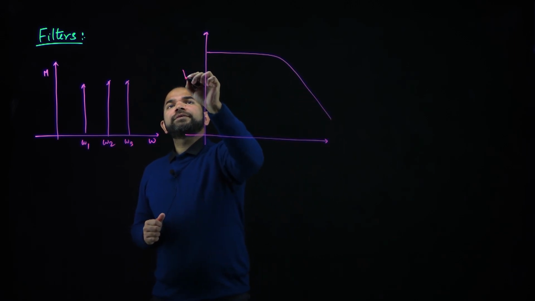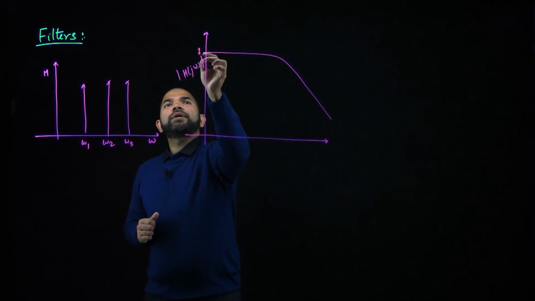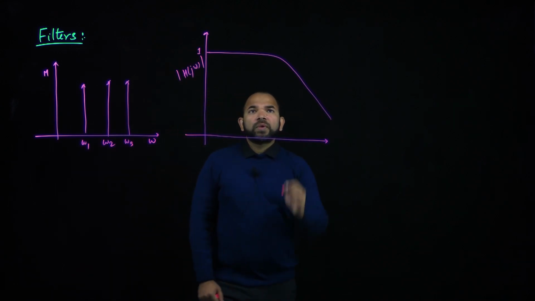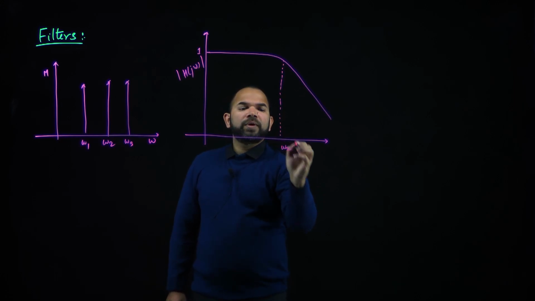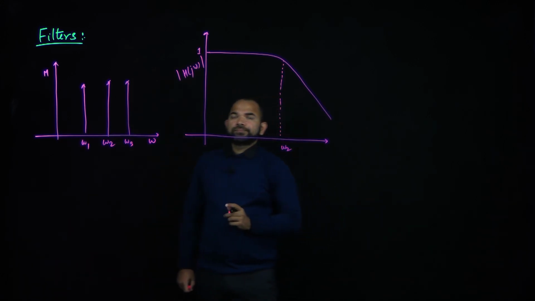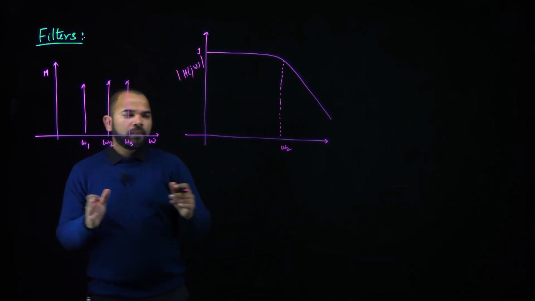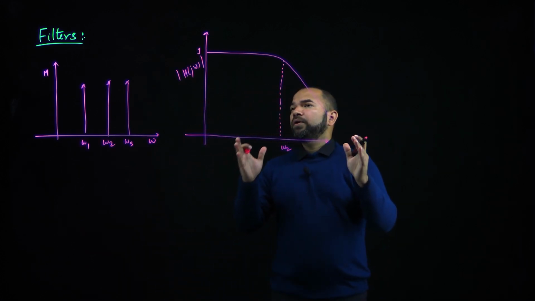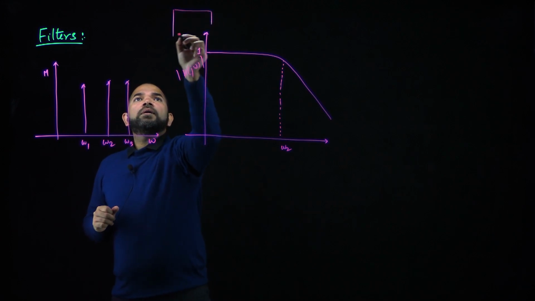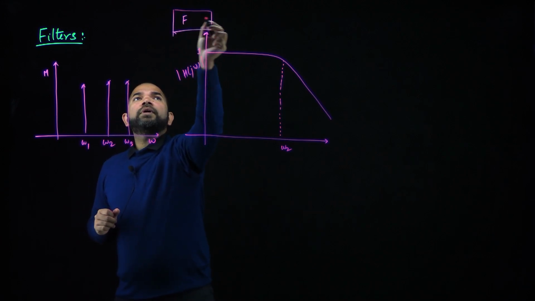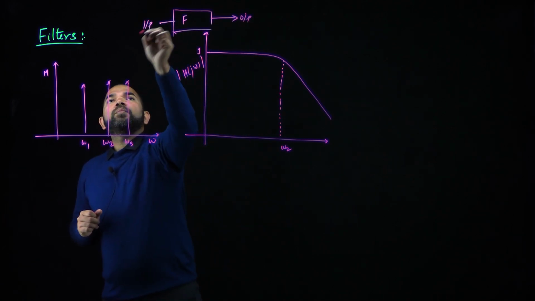So consider this as magnitude of H of j omega, and this quantity as 1, and consider this frequency as omega 2. If this is your set of input and this is the transfer function of the filter, so this is our filter, this is our output, and this is our input.